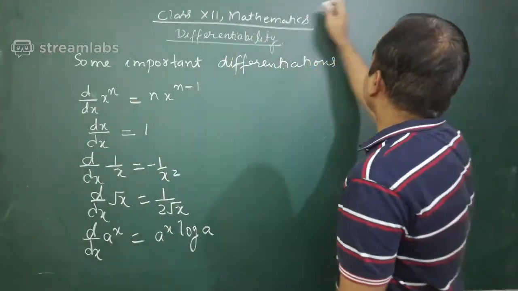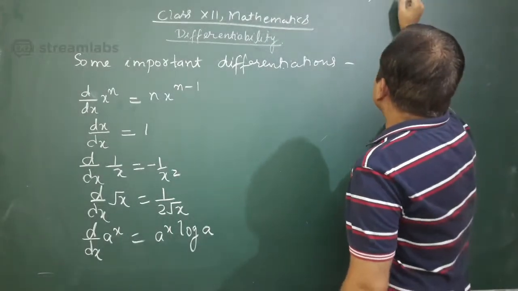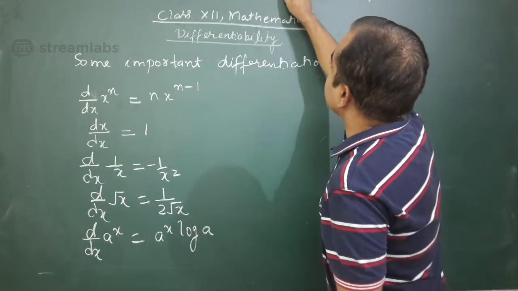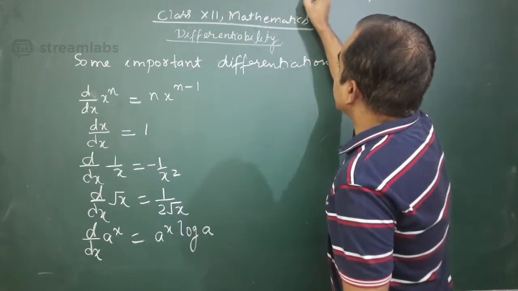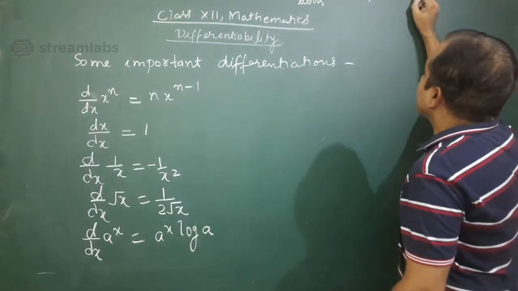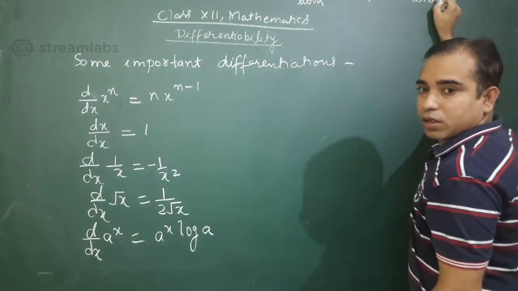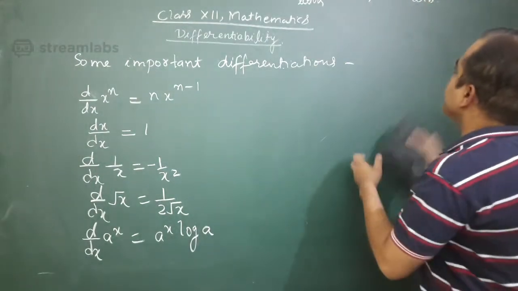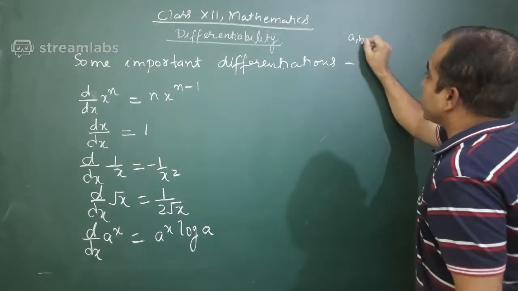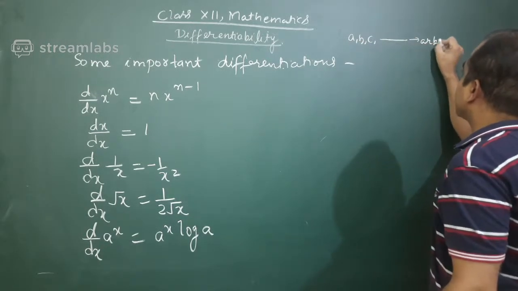There is a convention, it's very very important, that initial letters a, b, c, etc. are taken as constants. Initial letters of the alphabet are taken as arbitrary constants. I think it is not visible. Let me write it down. I'm saying that these initial letters of the English alphabet are taken as arbitrary constants.